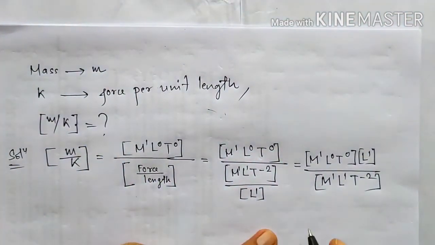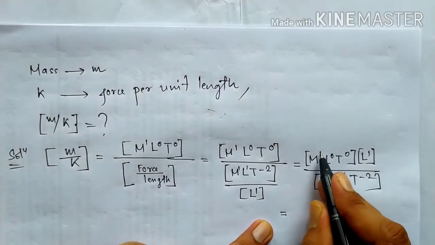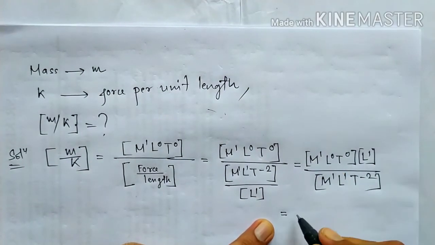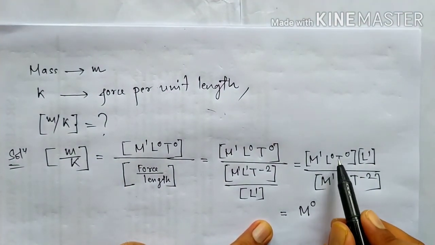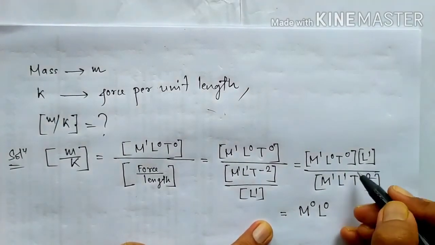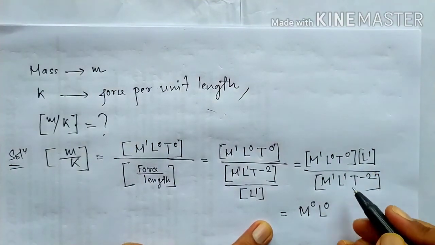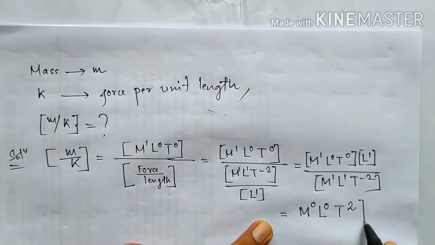So M to the power 1 in the numerator and denominator cancel, leaving M to the power 0. L to the power 1 gets cancelled, so L to the power 0. T to the power 0 divided by T to the power minus 2 gives T to the power 2.